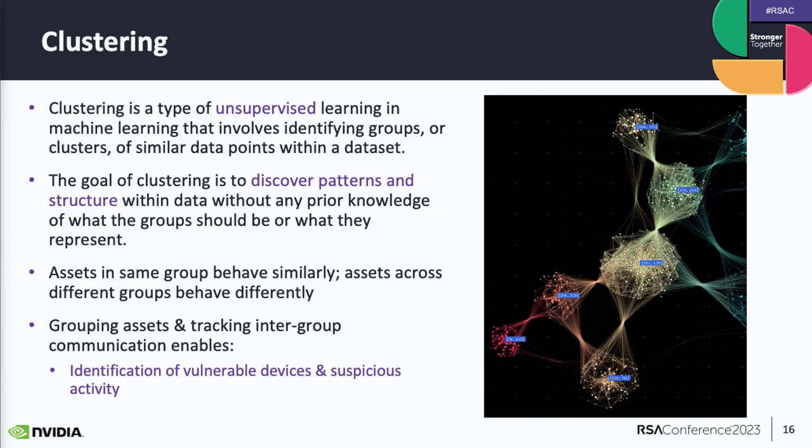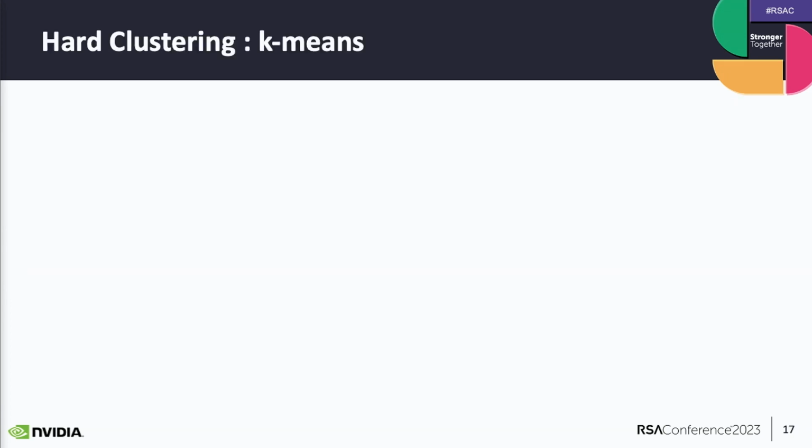There are 2 major clustering approaches: hard clustering and soft clustering. In hard clustering, we assign each data point or an asset a definitive group. Soft clustering allows for mixed memberships of an asset. That is, an asset can belong to 1 or more groups. So k-means is an example of a hard clustering technique.